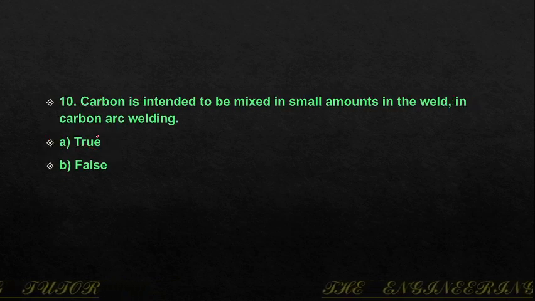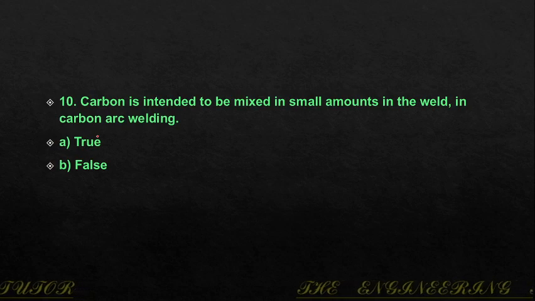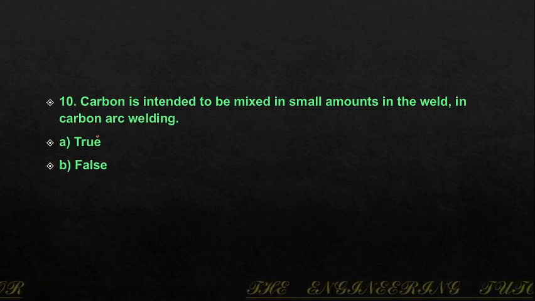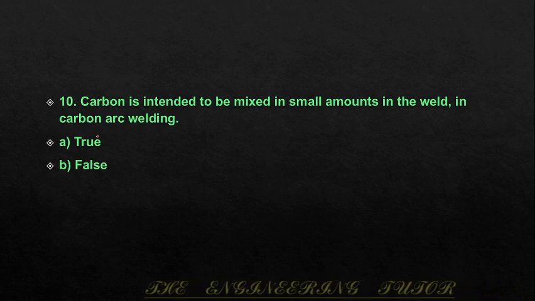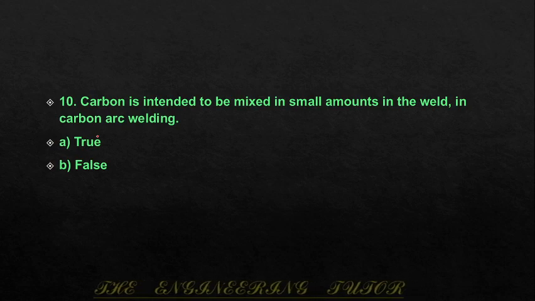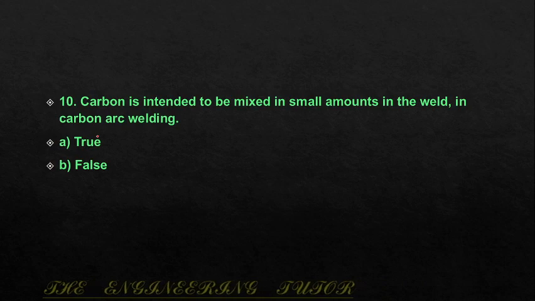Last question. Carbon is intended to be mixed in a small amount in the weld in carbon arc welding. In carbon arc welding, carbon is present at the negative electrode, where the electrode temperature is 3200 degrees Celsius. This temperature is less than that of the positive electrode.